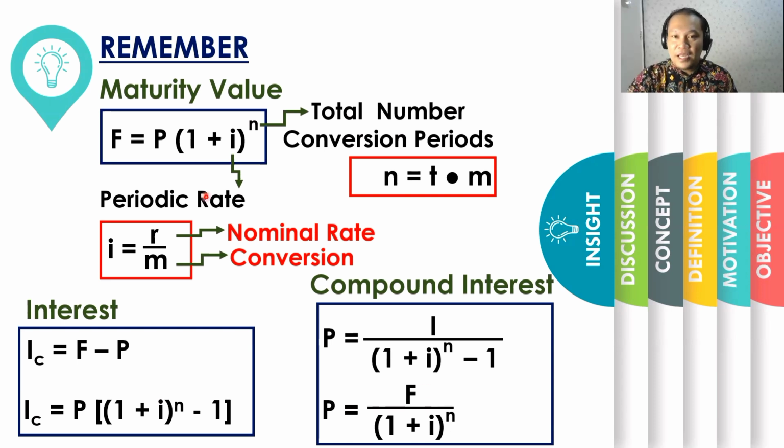I repeat, this is for the maturity value, this is for the compound interest formula, and this is for the present value of the compound interest problem. I hope you are able to learn the competencies involving finding the maturity value, compound interest, and present value of the compound interest problem.